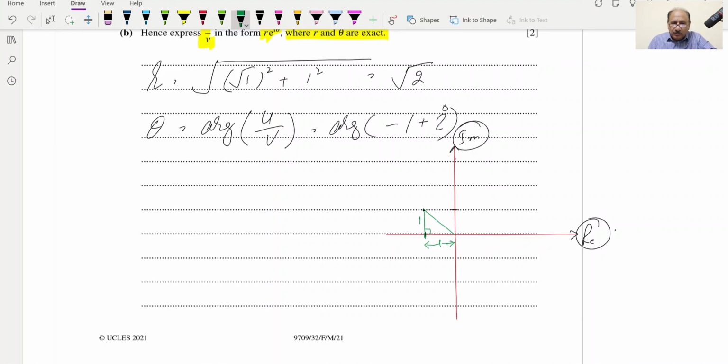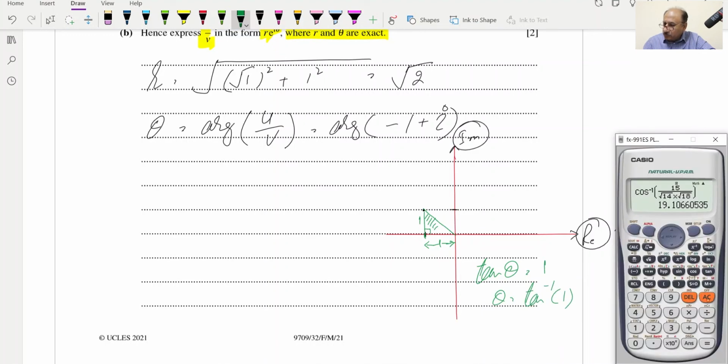So we can find tan theta for this smaller triangle. We can find tan theta is equal to 1 over 1, so that will be 1. So theta is equal to tan inverse of 1, and tan inverse of 1 is equal to what?